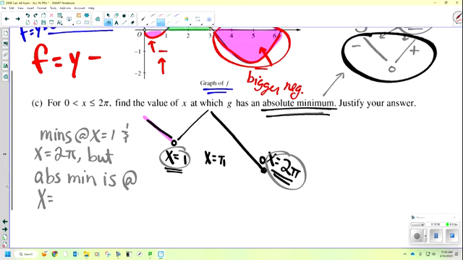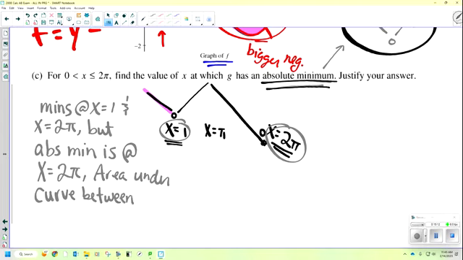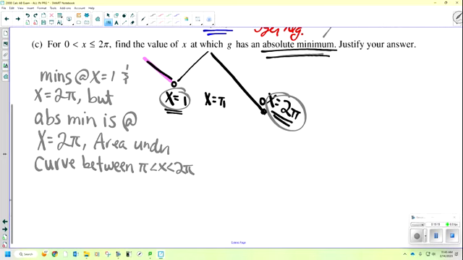Let's justify it. Is that x equals 2 pi? How come? Because the area under the curve between pi and 2 pi is, do we want to say a bigger negative or more negative or smaller?